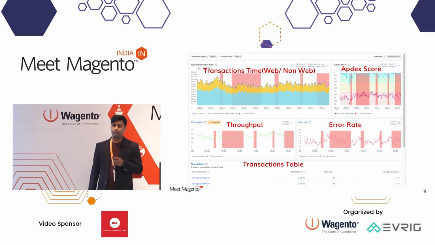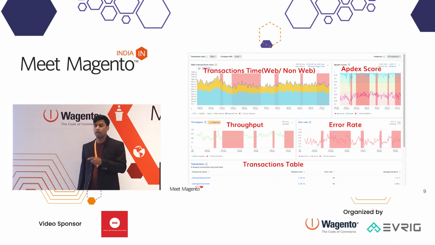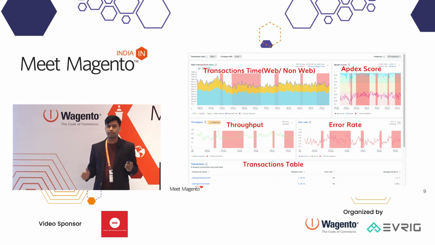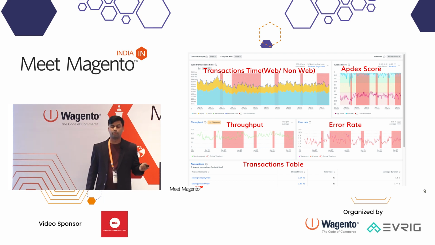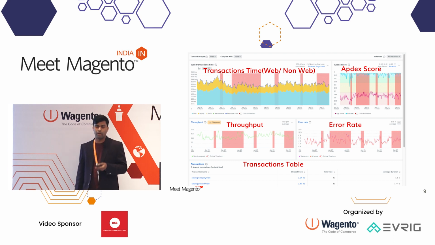And this dashboard is very flexible. You can filter based on any specific date or a specific time interval. Let's say you did an upgrade this month and you are looking to compare the current performance with last month; you can easily compare from here.